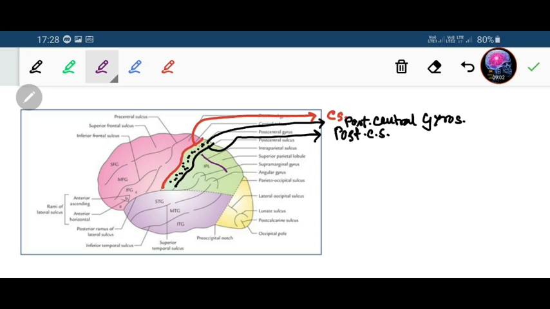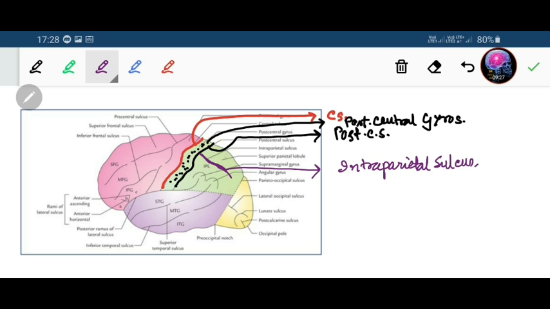This is the intraparietal sulcus, which divides the rest of the parietal lobe into superior and inferior parietal lobules.